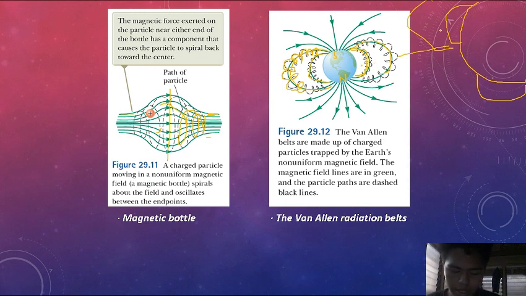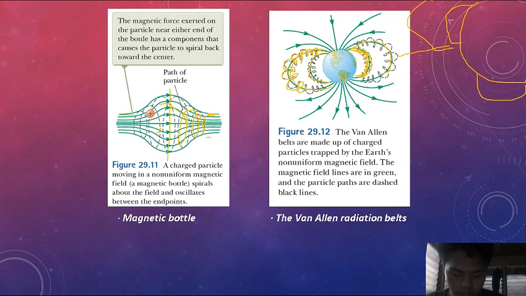So pag yung particles na ito are located over the poles, they sometimes collide with atoms along the atmosphere na mag-emit ng ilaw na makikita natin.